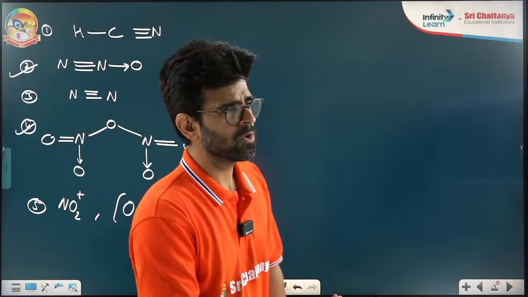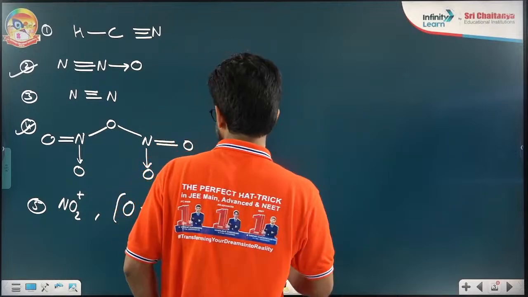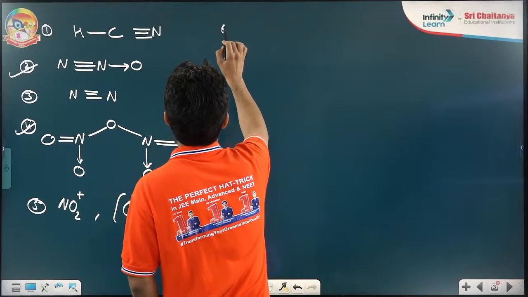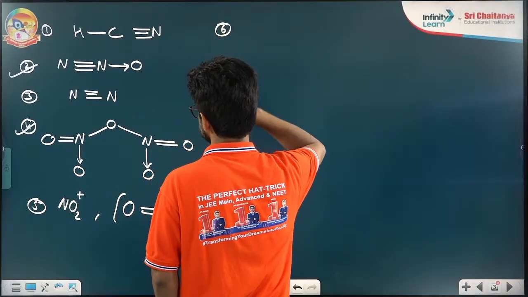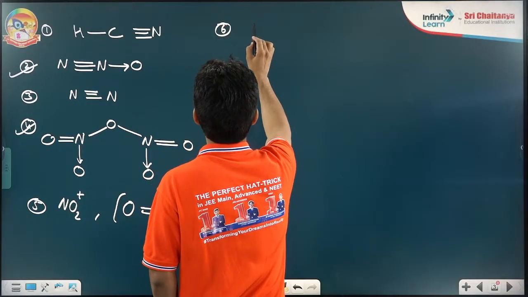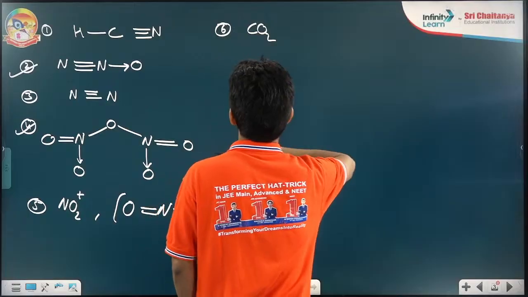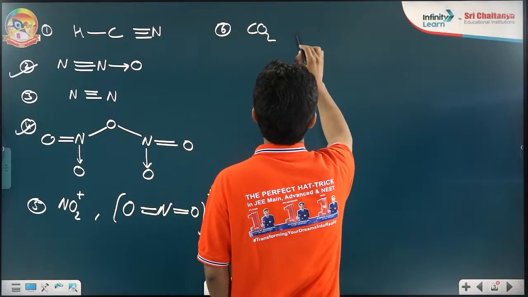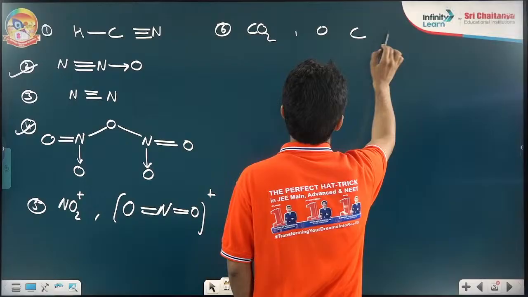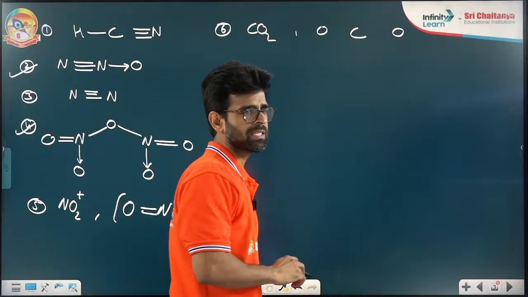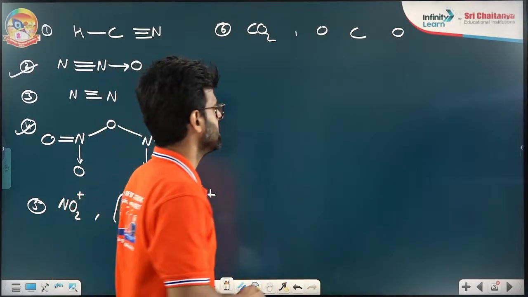These are very common examples which repeat again. Let us give you one or two more questions. We have CO2 here. Can you predict in CO2, do we have a coordinate bond? We have seen the rules for how to make the structure.